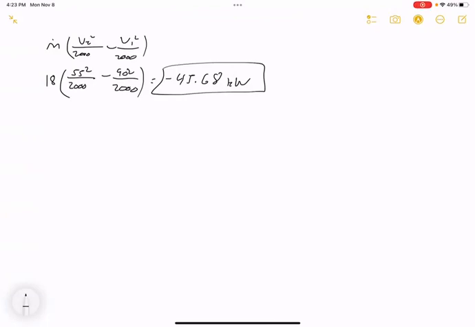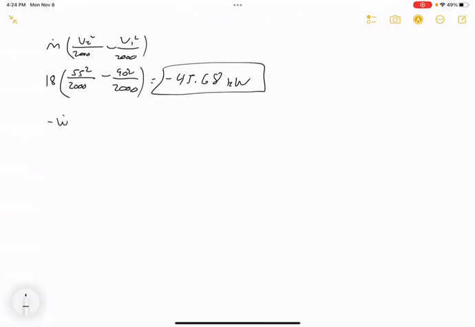So what was the next question? Next question was, oh yes, the power output. So for power output, like in the last question, we're going to look at the first law of thermodynamics. We know this is a turbine, so Q dot is 0.